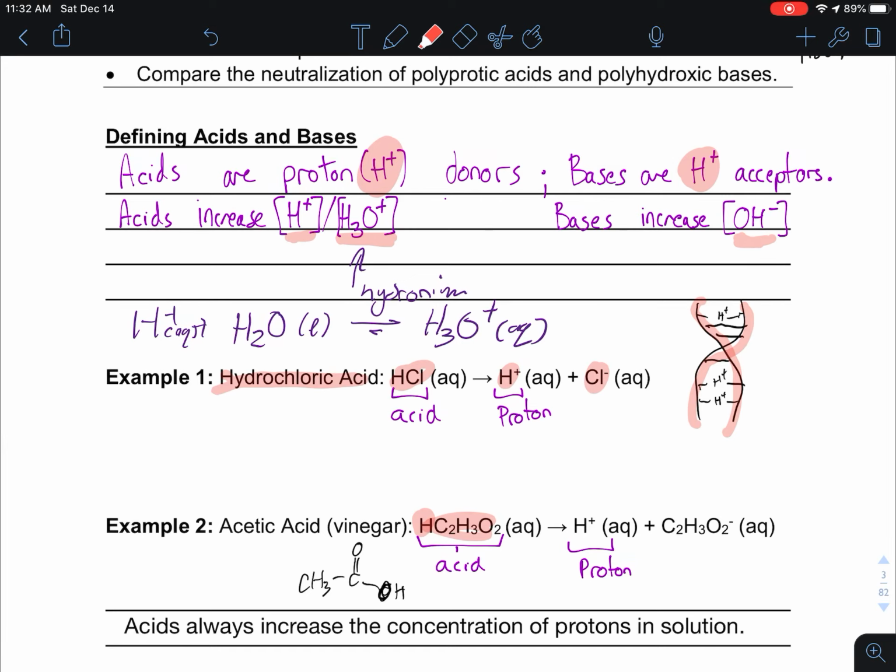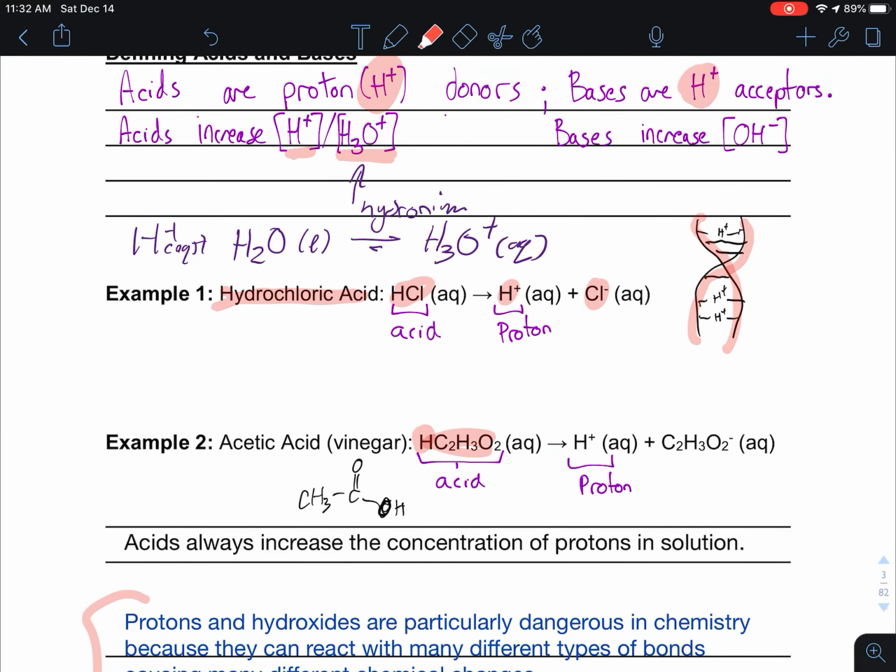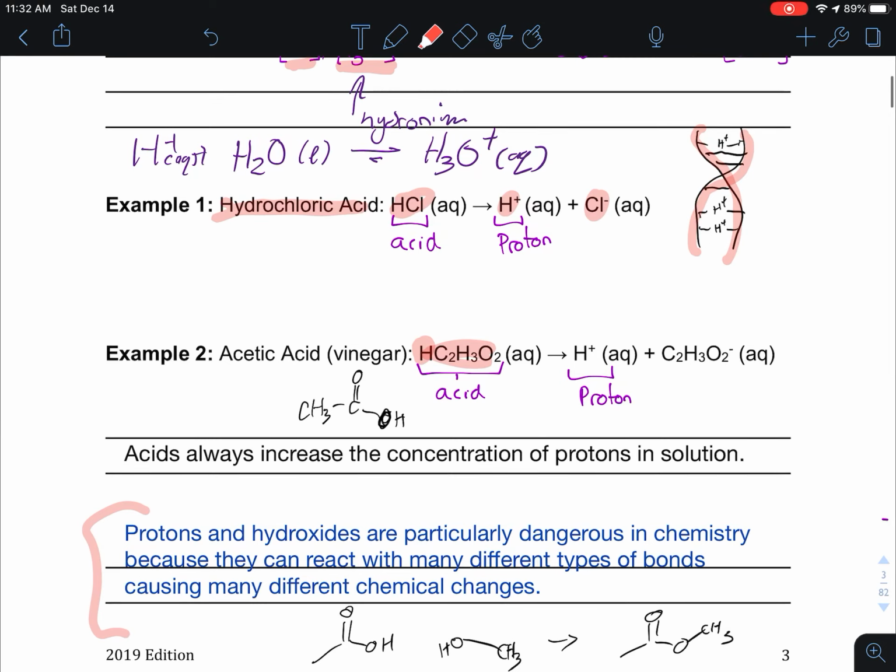And then the DNA strand will actually fall apart. And all sorts of other examples. A lot of our body's chemistry is controlled by protons. A proton in a certain protein will make it function. If there's no proton, then we'll have troubles.